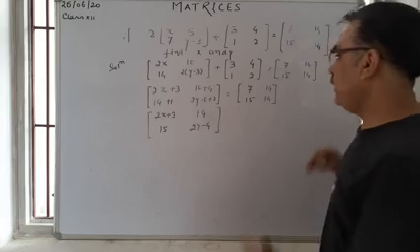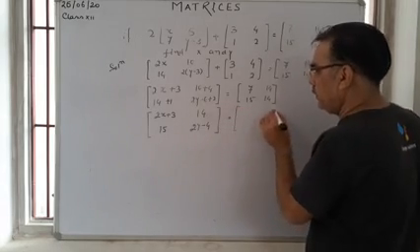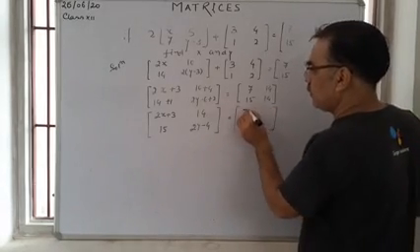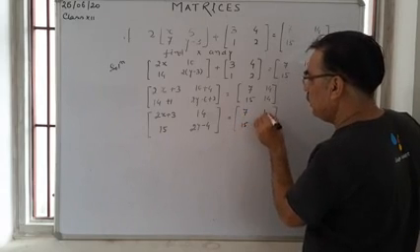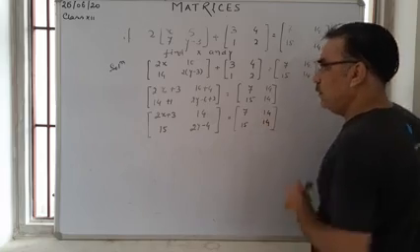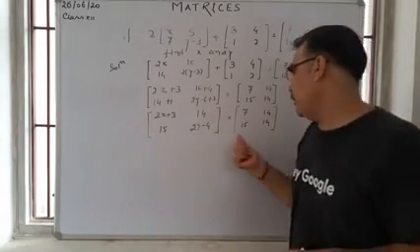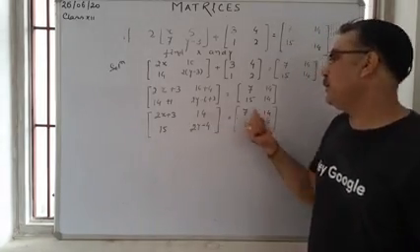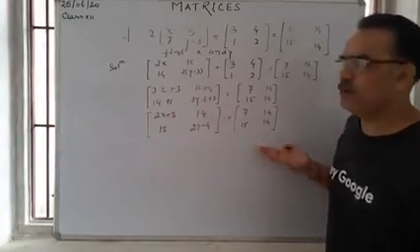If you see it, the terms that are constants only, 15 here, 15 here, 14, mean this is equal to this one.